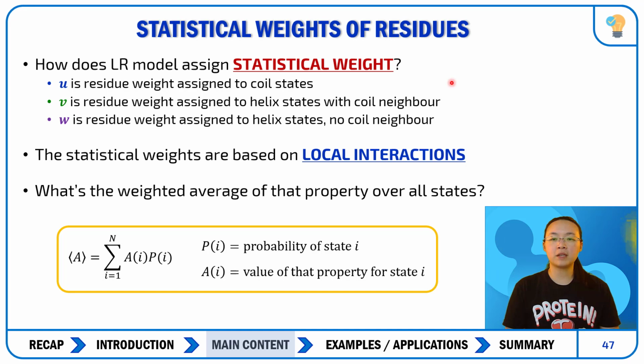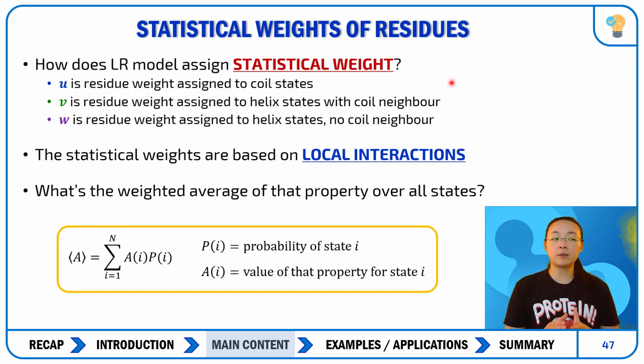This is straightforward because there's obviously no hydrogen bonding, so it's just U or with hydrogen bonding, which we represent with V. When we look at helix states, it does get a bit more complicated because the helix state monomer is either alone, so it has no adjacent monomers that are hydrogen bonded, or it does have neighbors that participate in hydrogen bonding as well. And that's going to change its weight and its energies.